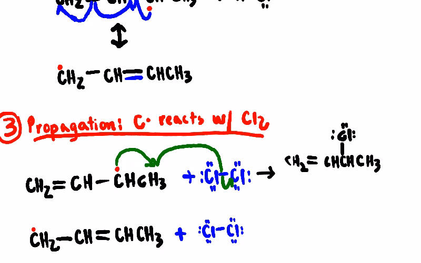We still have 4 carbons on our chain. Now we have the octet rule fulfilled for all of the atoms, so that's good, and always a good thing to check. And we've also formed, as a result of this step, chlorine radical.